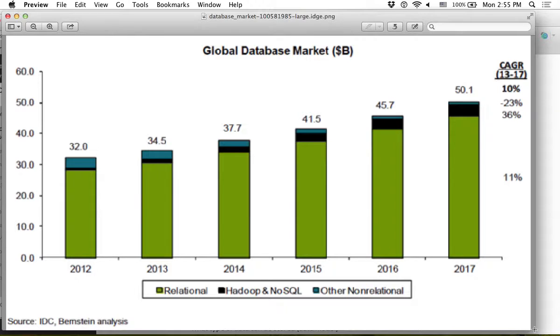The green is all relational databases, so with relational databases, we mean things like Postgres, Oracle, SQL Server, MySQL, and MariaDB, and so on. And then the black part is NoSQL and Hadoop. It has grown a little bit over the years that I have taught this class. Percentage-wise, it's not growing as a percentage, but it's growing in sheer dollars, as there are more and more people using NoSQL.